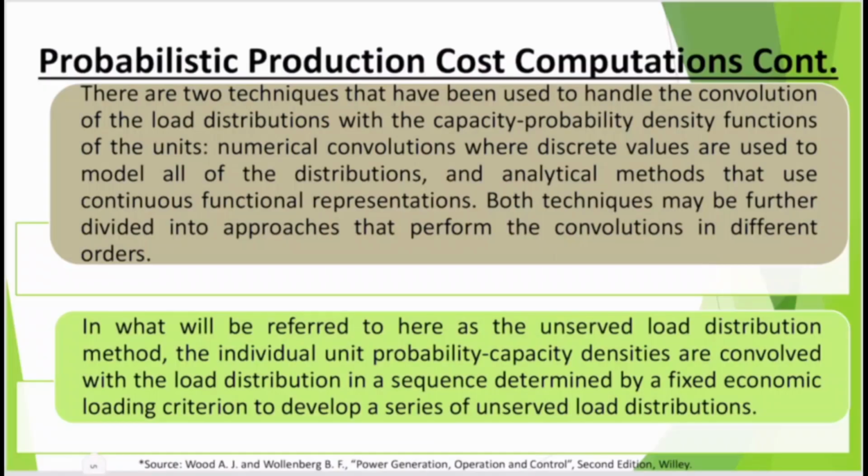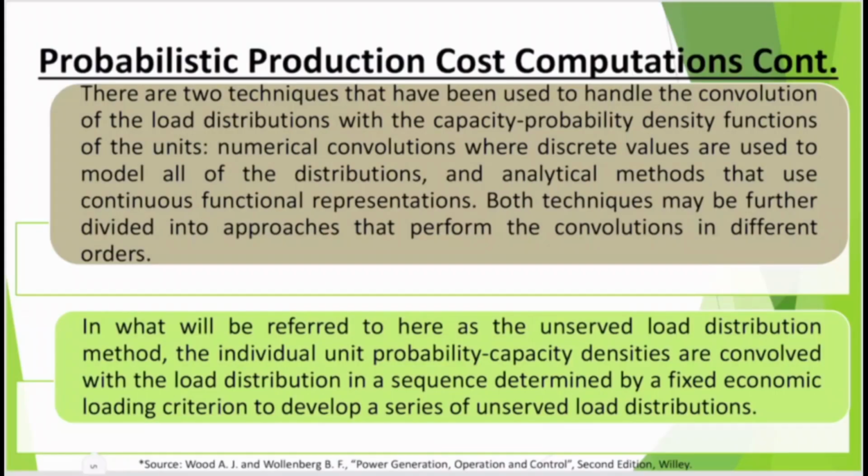First, numerical convolutions, where discrete values are used to model all the distributions, and second, analytical methods that use continuous functional representations. Both techniques may be further divided into approaches that perform the convolution in different orders.